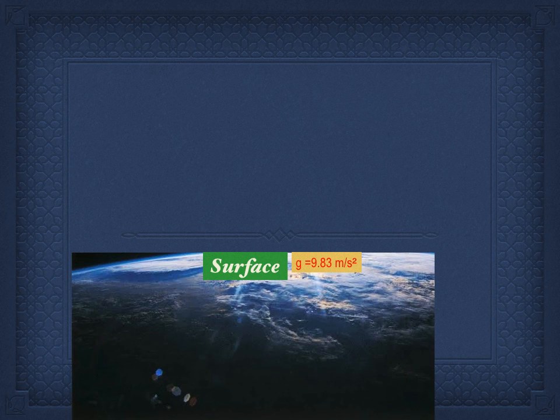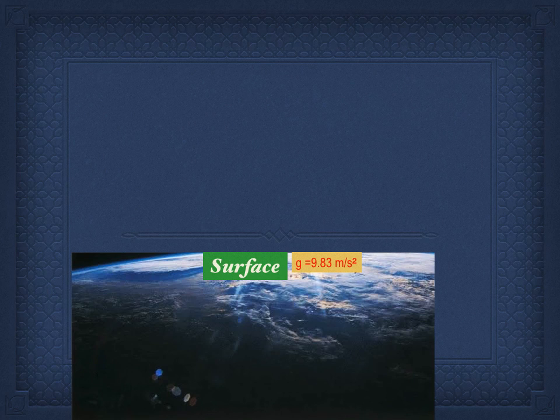For example, suppose the radius of the earth is 6,400 km, and an aeroplane is flying at a height of 10 km above the surface of the earth. Its distance from the earth's center changes from 6,400 km to 6,410 km, and the change in the value of g due to this is negligible.